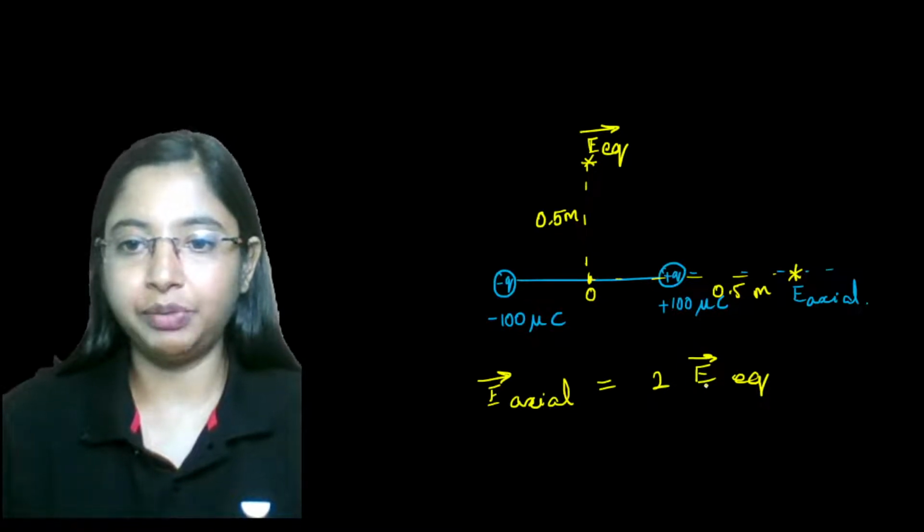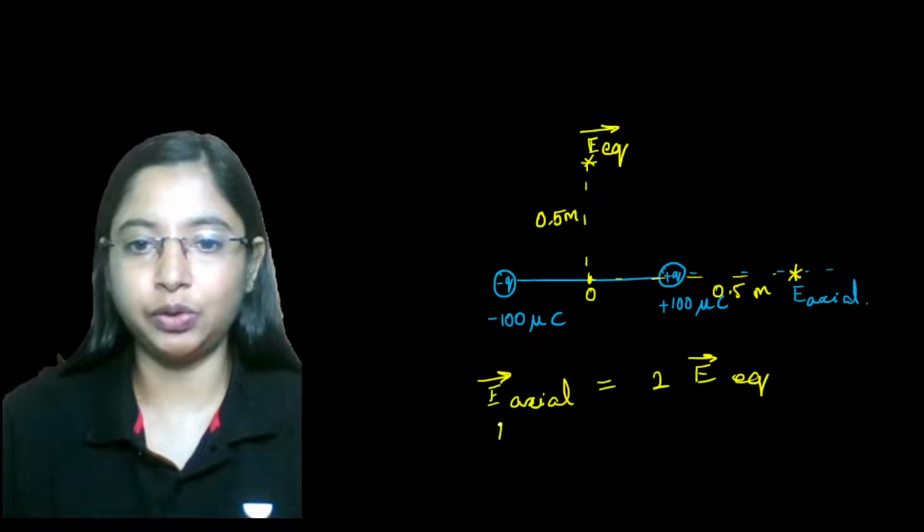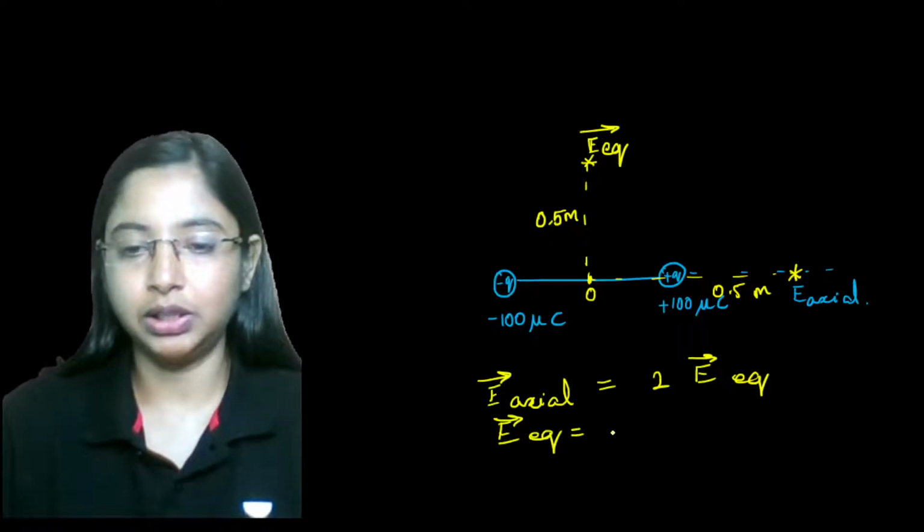So if you want to find E equatorial, it will be half the strength of the axial.